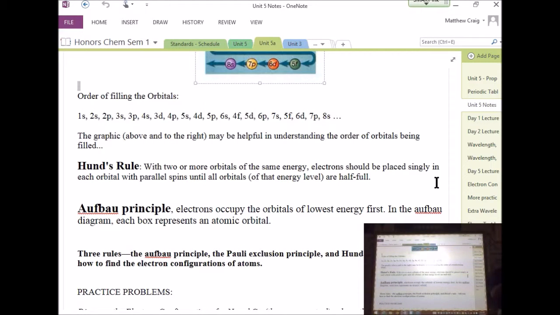And I'll give you a little creepy story to go along with that. Not like spooky or scary. Creepy. Like really creepy. And then the Aufbau principle states that we're always going to fill up the lowest energy level orbitals first before we fill up the higher energy level orbitals. So again, these are not rules that you have to memorize or regurgitate. Just know them for when we write the configurations.